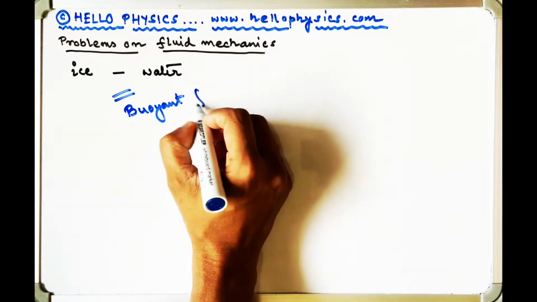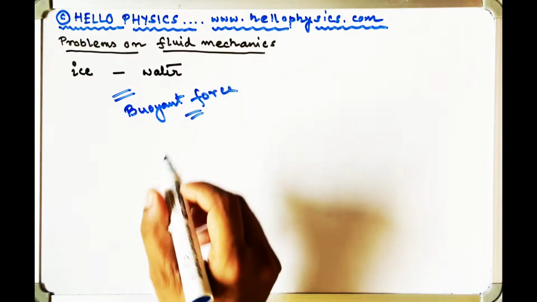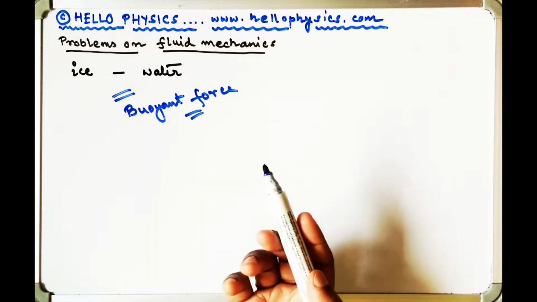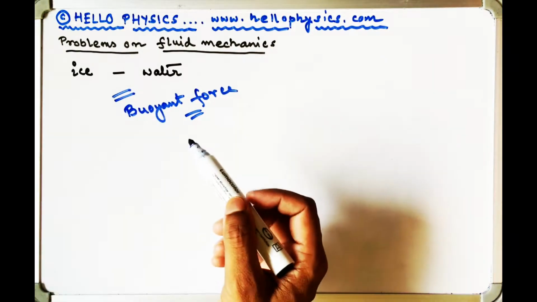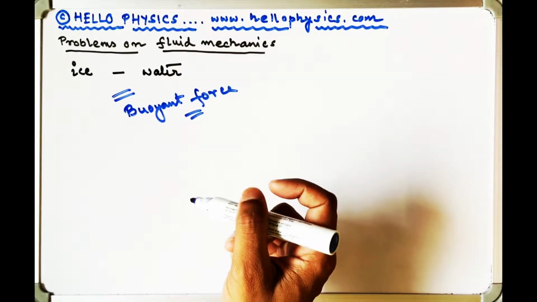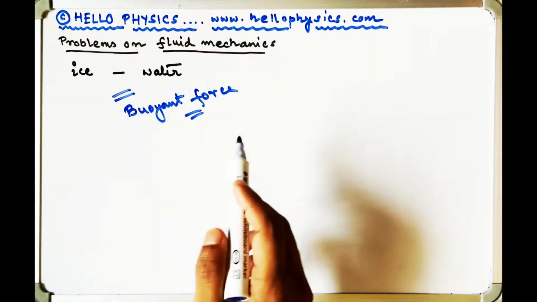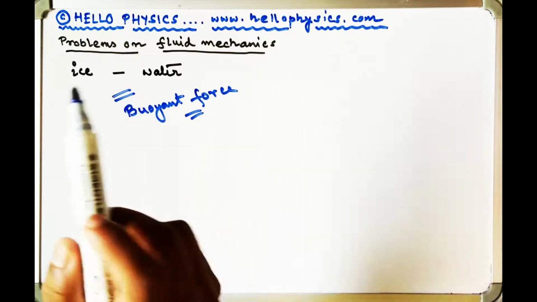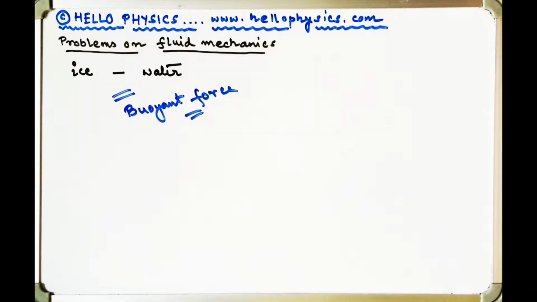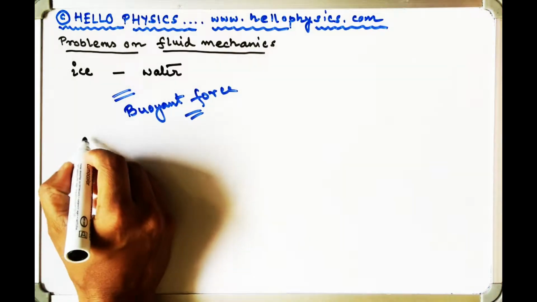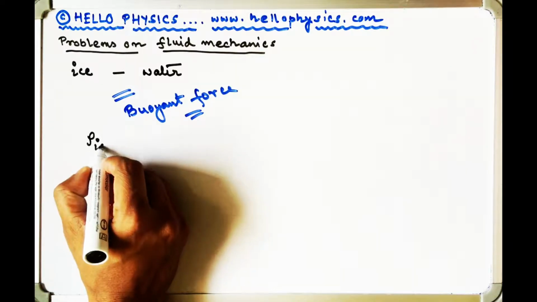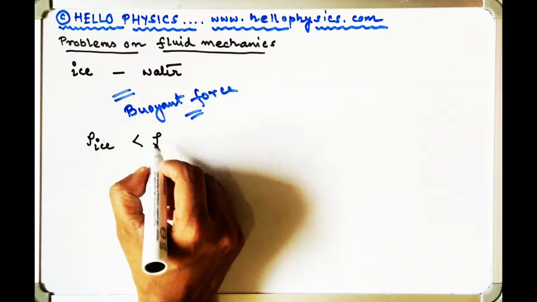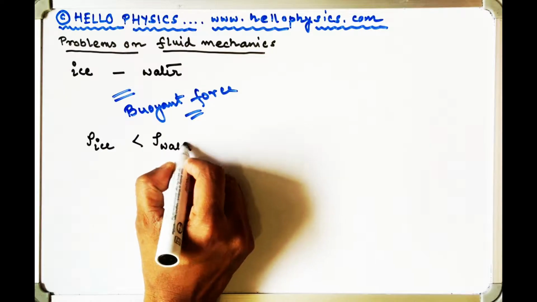So the buoyant force acting on ice must be equal to the weight of the ice so that it floats on water. Now, since buoyant force is equal to the weight of the ice, it indicates that the density of ice is less than the density of water.